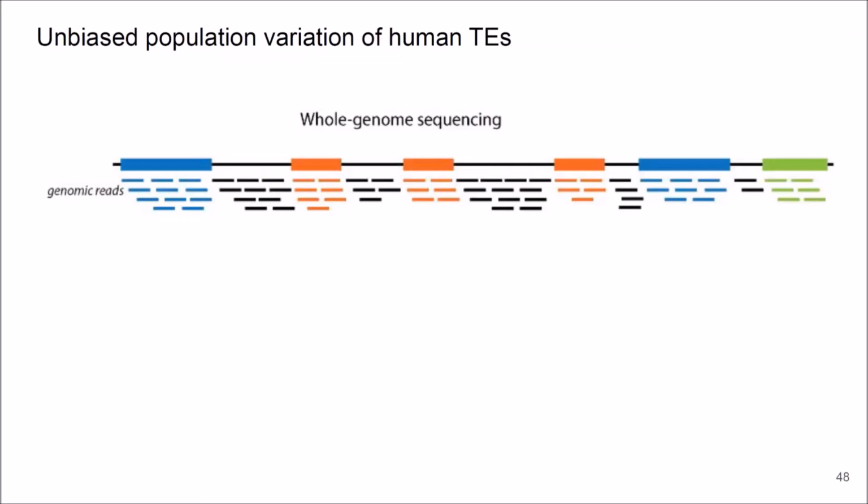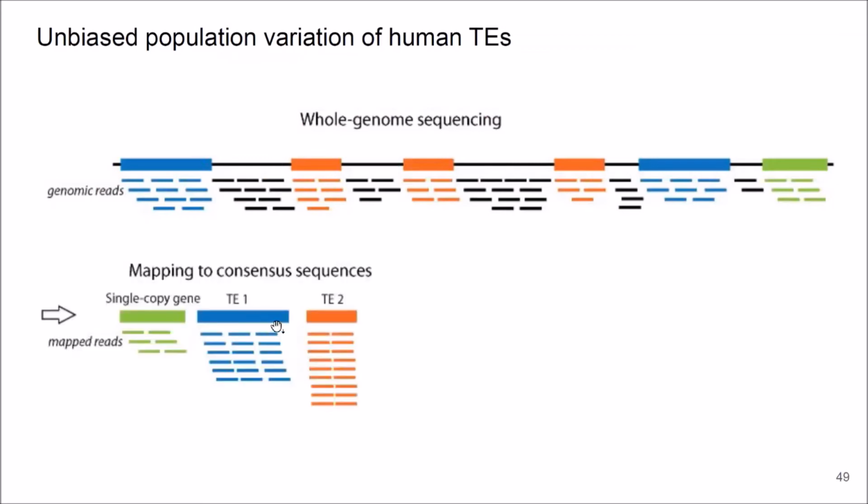We can now take genomic reads and just map them to the consensus sequence. In this case, all reads belonging to any of the orange insertions in the genome will be mapped uniquely to this one consensus sequence. We could then estimate an average coverage based on the average amount of reads mapped per base pair to the consensus sequence.